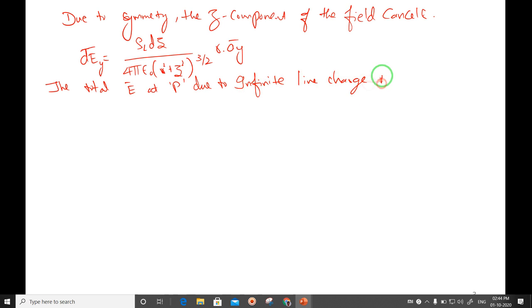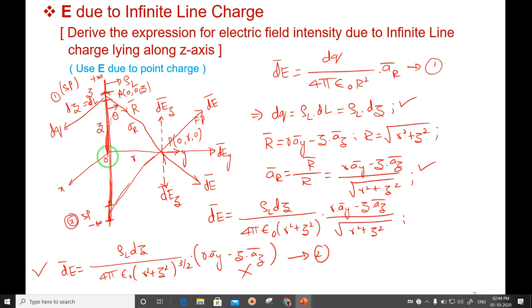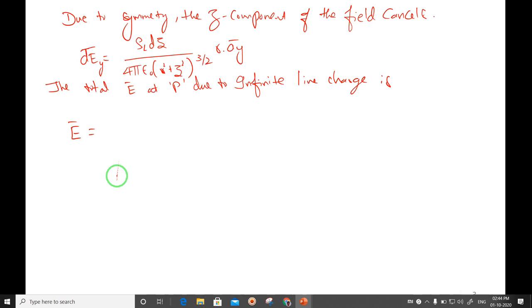is given by, we will integrate. The total E vector is equal to the integral from z equal to minus infinity to plus infinity. This is the line integral, right? It is situated along the z axis.